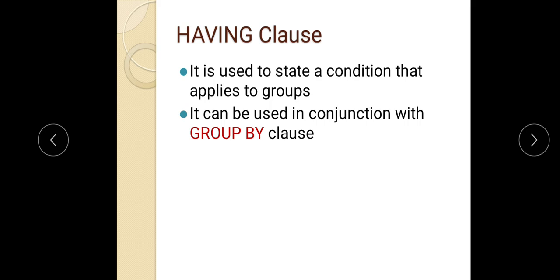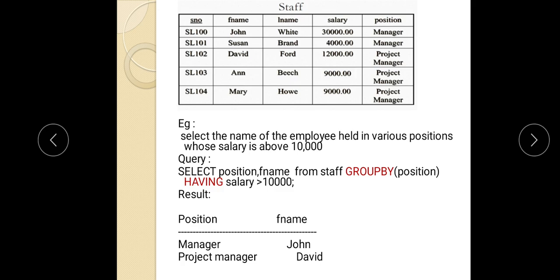So the statement is, it is used to state a condition that applies to groups. It can be used in conjunction with the GROUP BY clause. See here, they are asking to select the name of the employee held in various positions whose salary is above 10,000.